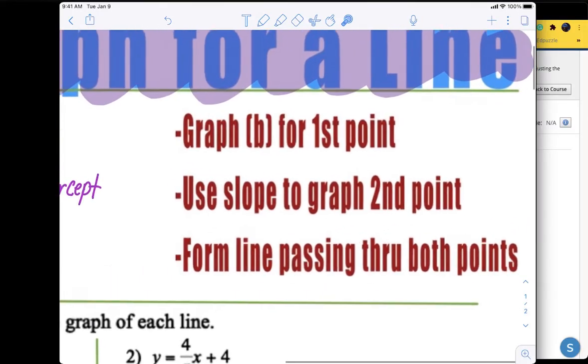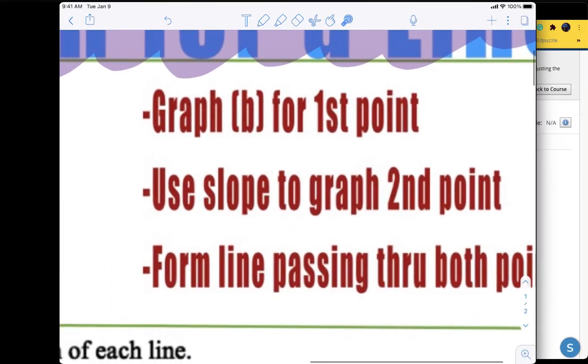Now let's look at our bullet points here. The first bullet point says graph b for first point. So we're going to graph b to find our first point, whatever b is on the y-axis, because it's the y-intercept.